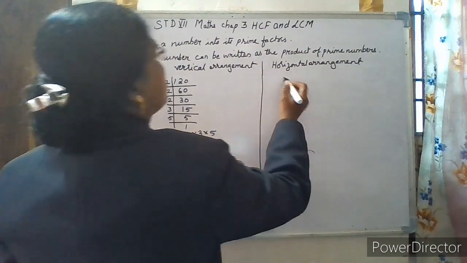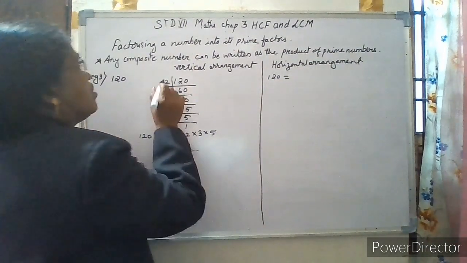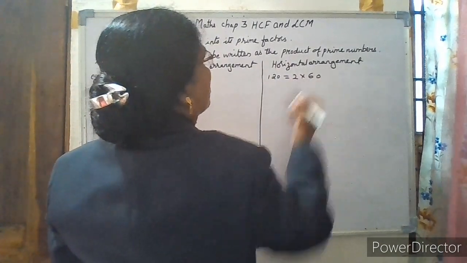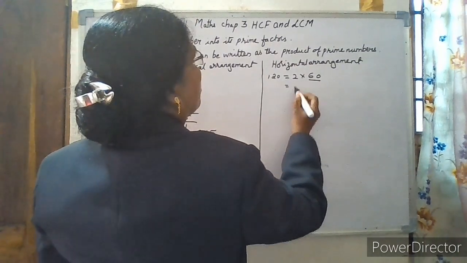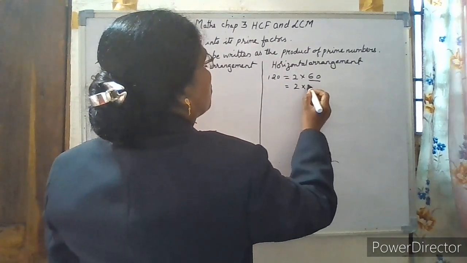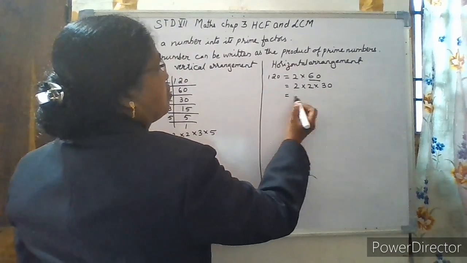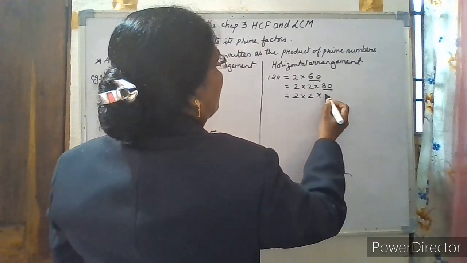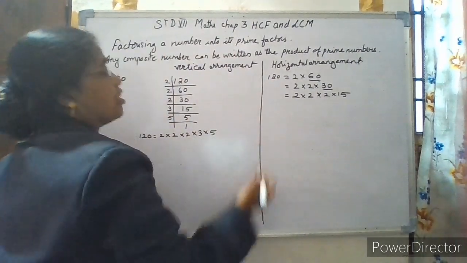Horizontal arrangement, 120 is equal to. This way you take a cross. 2 into 60 is equal to 120. Now this 60 can be factorized as 2 into 30 is 60. This is equal to 2 into 2 as it is. Now this 30 is factorized as 2 into 15 is 30.